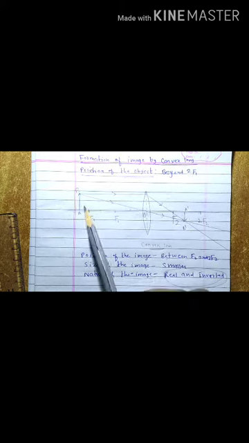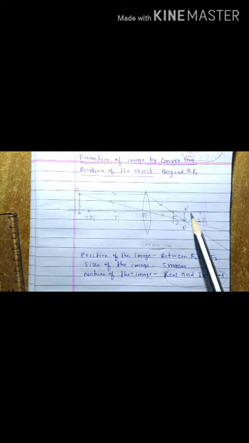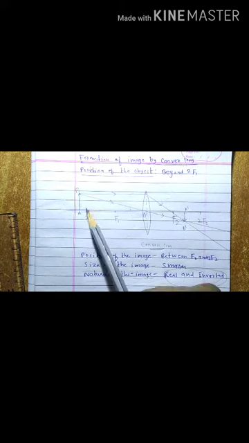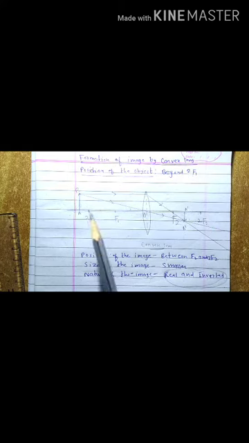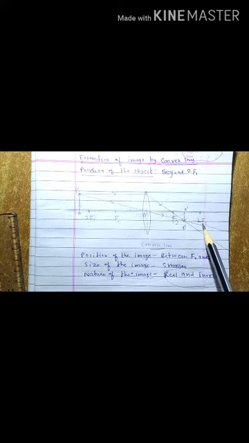Third case, object will be at 2f1. So you have to shift the image. When the object is at 2f1, the image will be formed at 2f2.